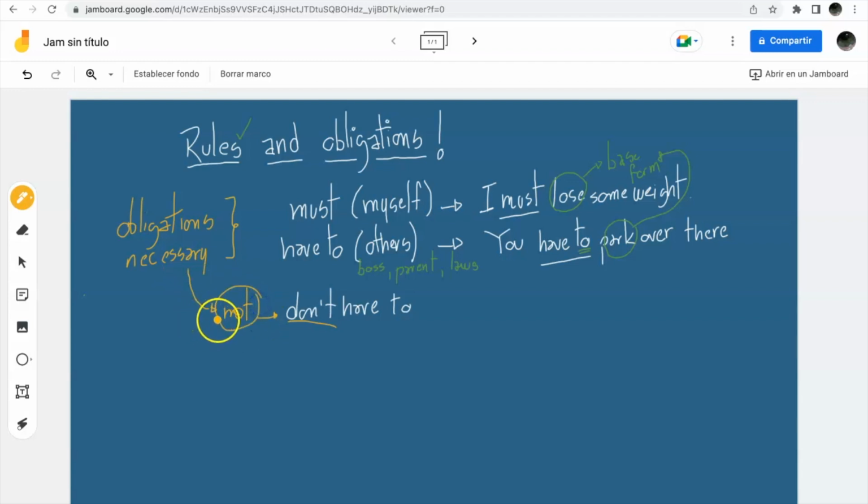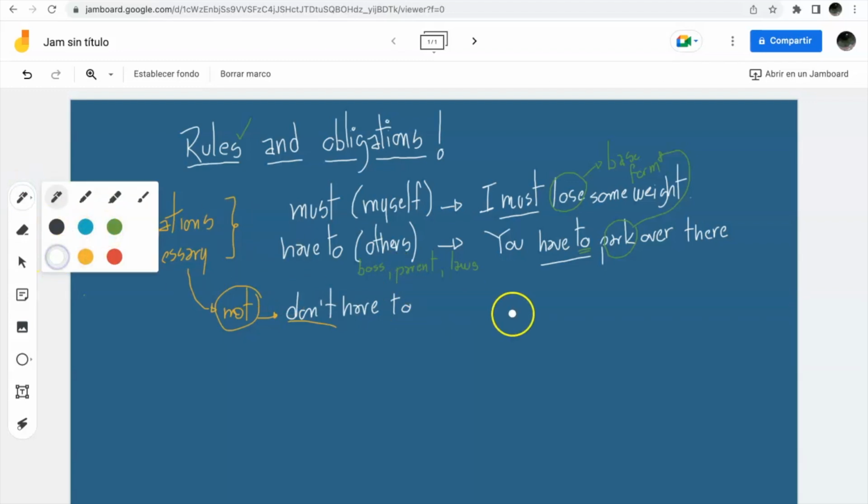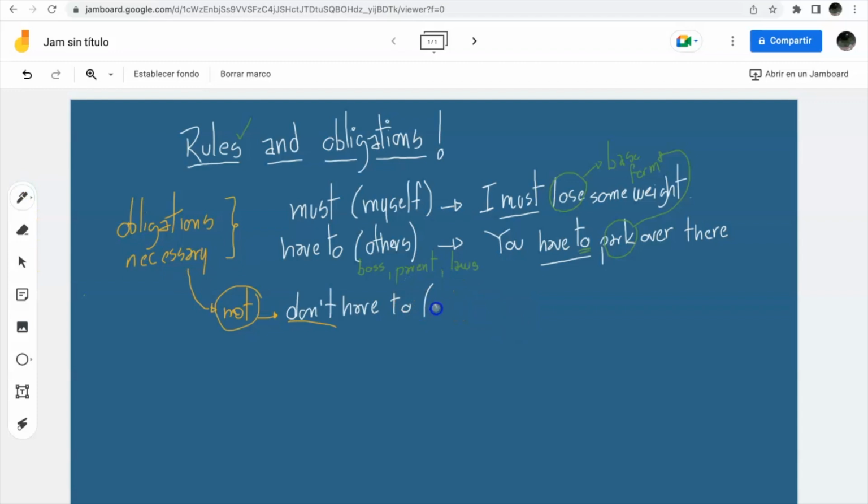Not necessary. Don't have to. Okay? And this one, guys, is optional. Now, what I mean when I say optional is that it's your choice.